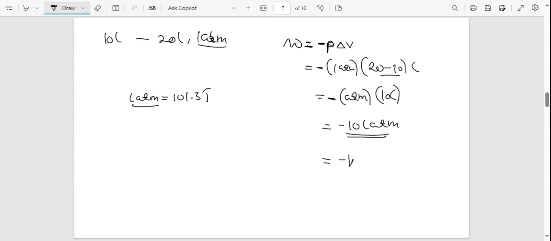So we'll say negative 10 times the liter atm value, 101.3 joules. This will give us negative 1013 joules. So the point has been removed because of that 10 which is there. So now we can say this is negative 1013 joules.